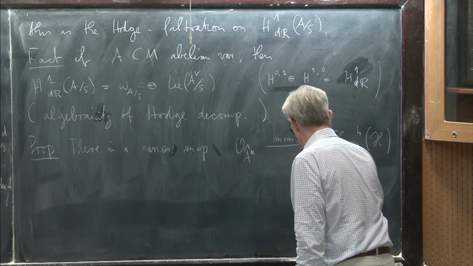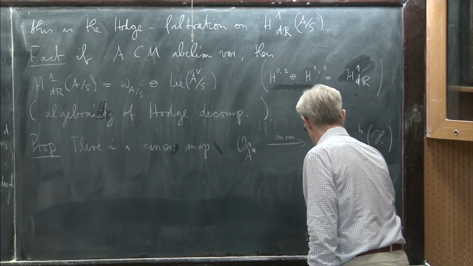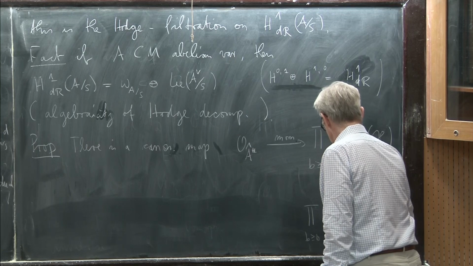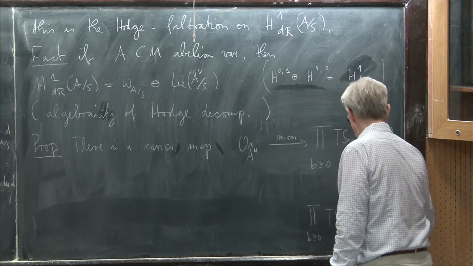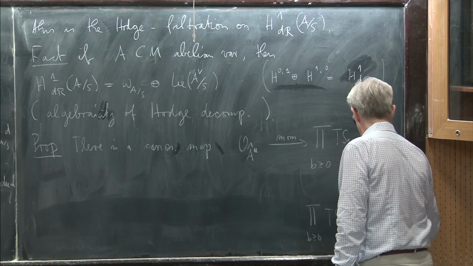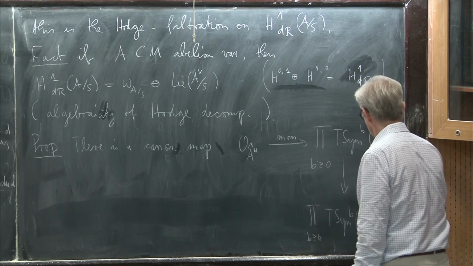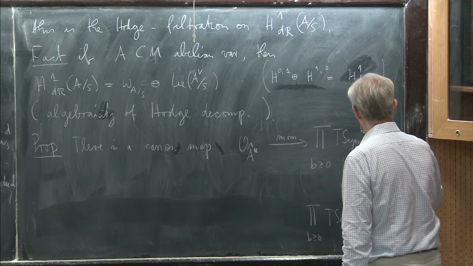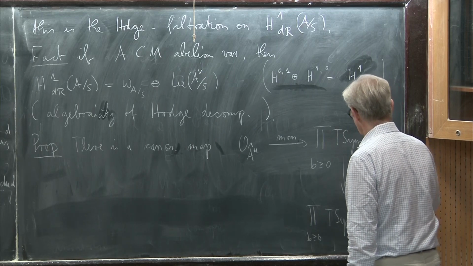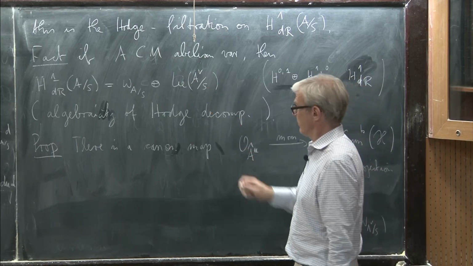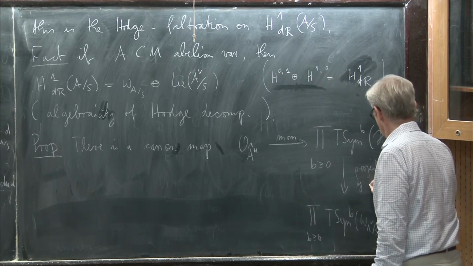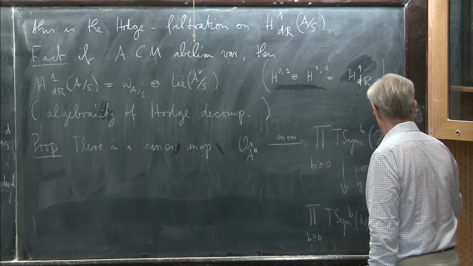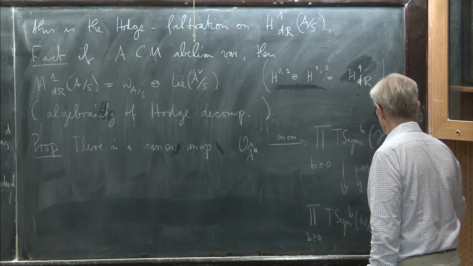So we have a map, B bigger or equal to 0, T sym B of omega A dual over S, by algebra. This is projection, which exists only by this Hodge decomposition, by the algebraic Hodge decomposition.